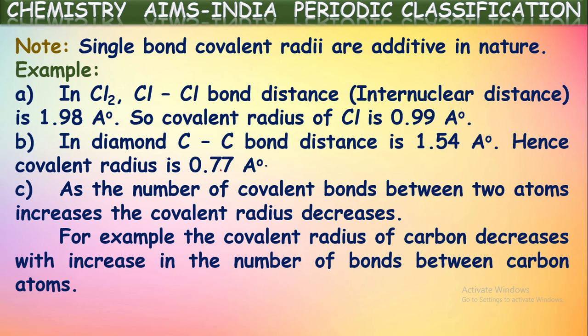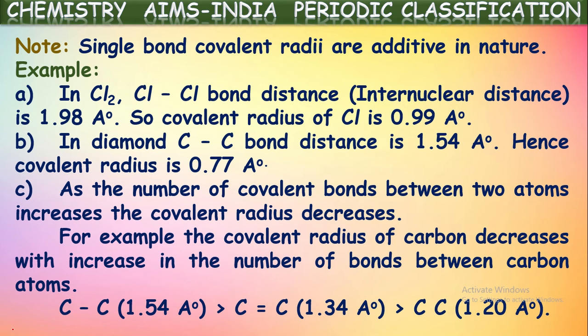For example, the covalent radius of carbon atoms decreases with increase in the number of bonds between carbon atoms. If the carbon atoms are bonded with a single bond between them, then the bond distance is 1.54 angstroms.